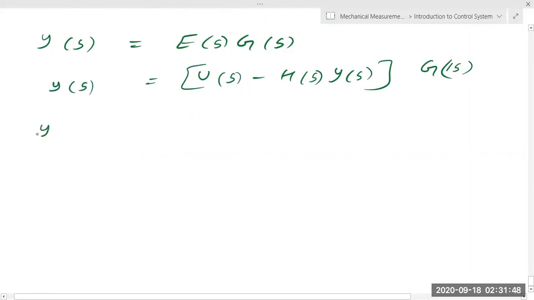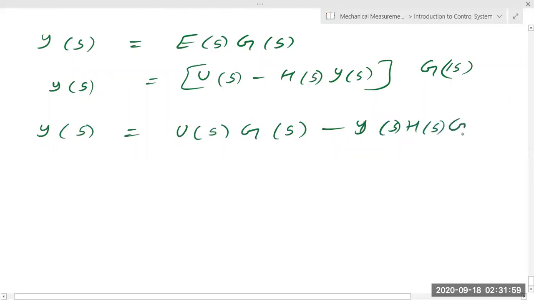Therefore, y of s is equal to u of s into g of s minus y of s into h of s into g of s. Can we see y of s on both sides? So we'll take both terms to the same side. Y of s is positive, and this minus will come here and also become positive.